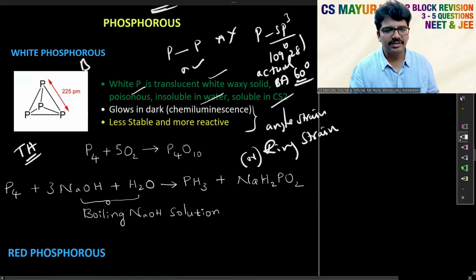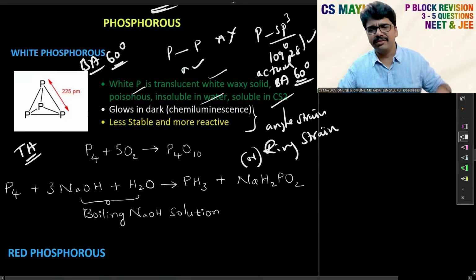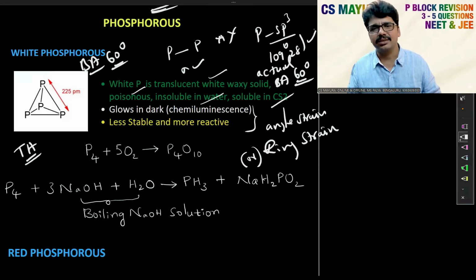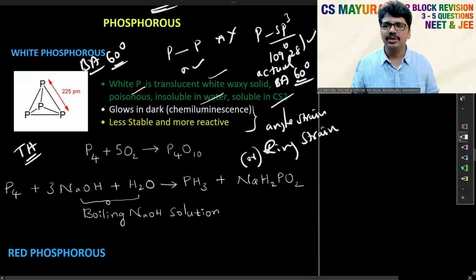In white phosphorus, the bond angle is just 60 degrees, but the expected bond angle is 109 degrees. So there is a large difference. Due to this large difference between expected and actual bond angle, that P4 tetrahedral structure is unstable for phosphorus. So easily it is going to break. It is more reactive, less stable.